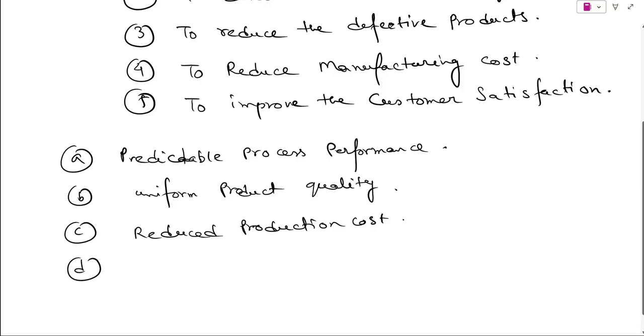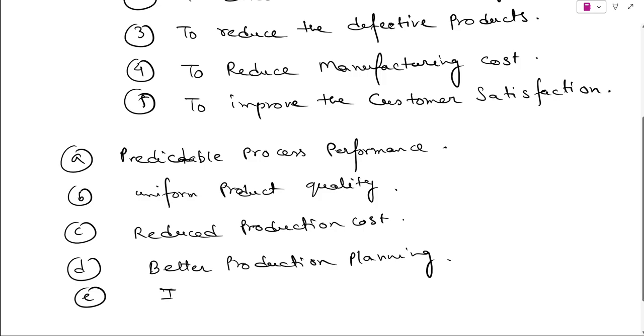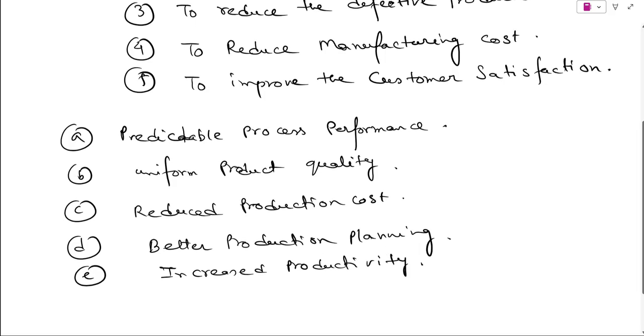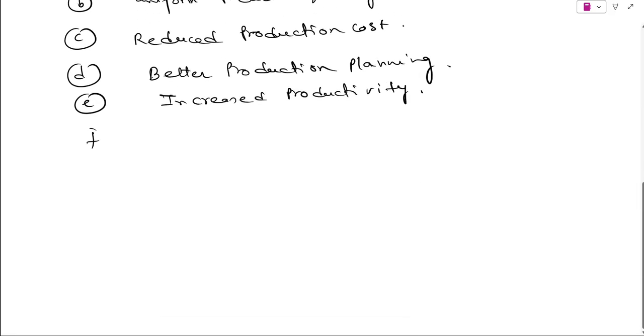Fourth will be better production planning. Fifth point will be increased productivity. Sixth point is easier detection of future problems.